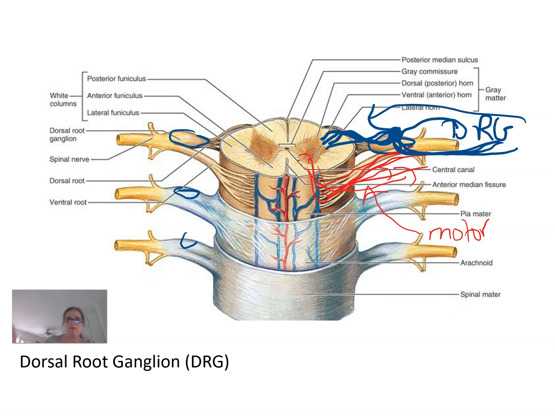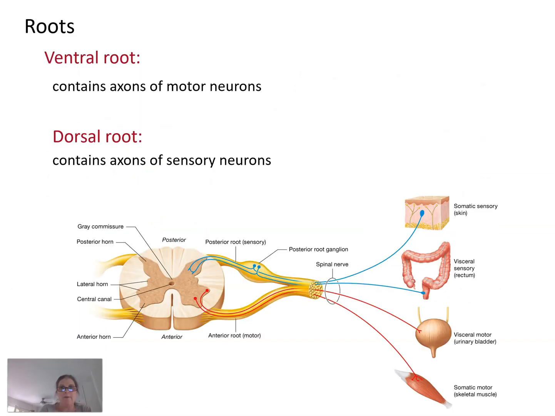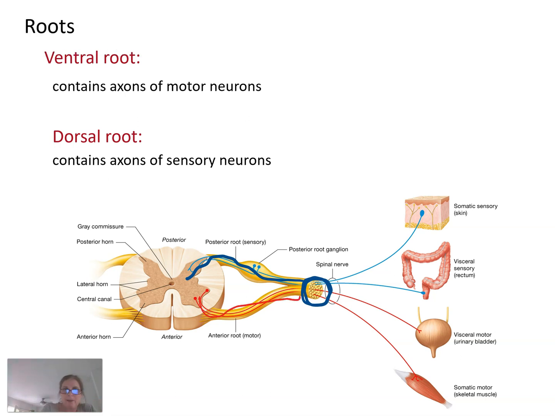It's always carrying information in. So if we look in this view, we can see again, if you look at our roots, we have our spinal nerve, and then the nerve splits into the roots. And so the roots are always separated, and the roots are either motor, right? They're carrying information away, or sensory. Whereas the spinal nerve has both. So they fuse together to form the nerve. So the spinal nerves are mixed because they have both types of information.